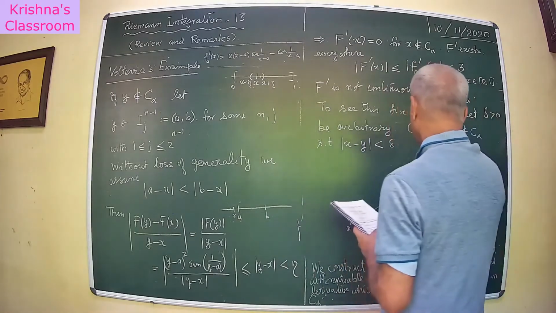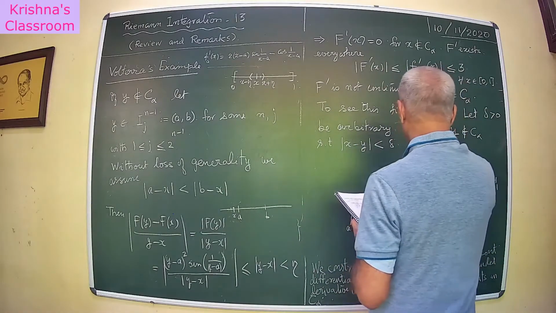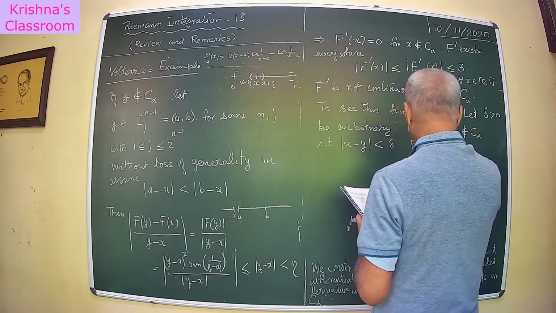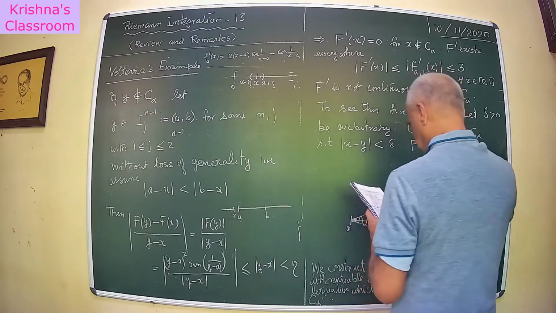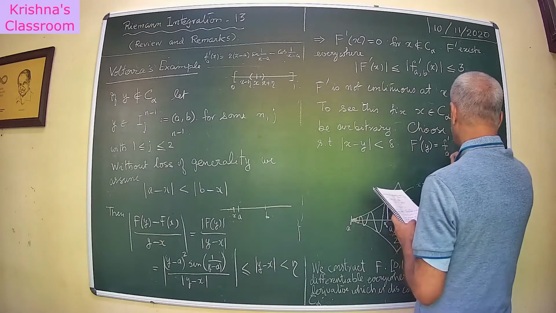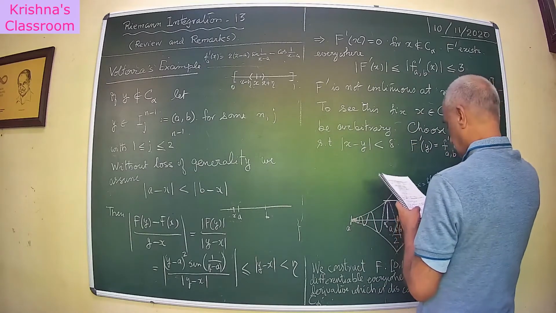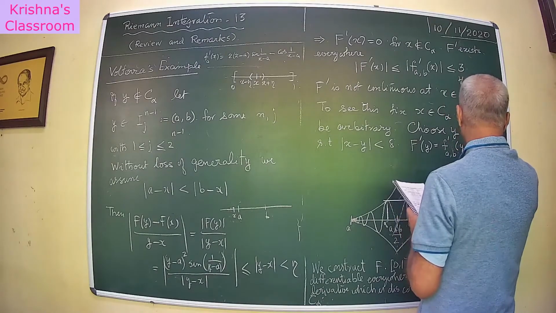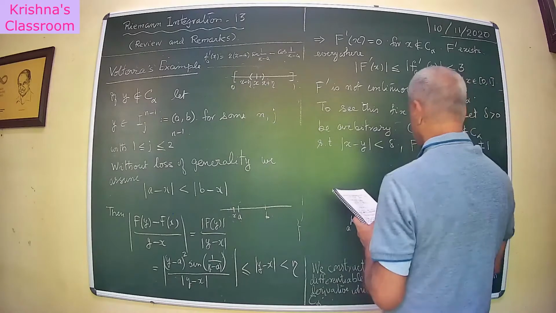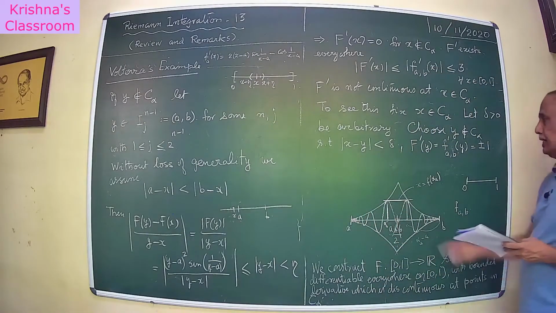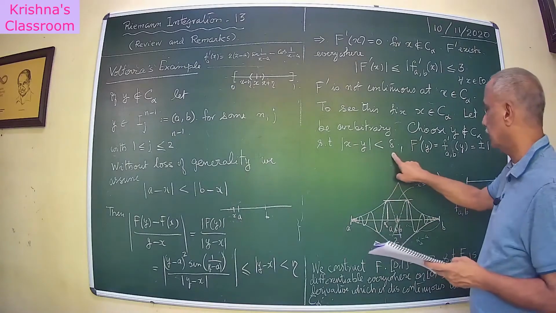And also you have f derivative of y, which is equal to f derivative of something, plus 1 or minus 1. So you can choose this. Three conditions: mod x minus y is less than delta.